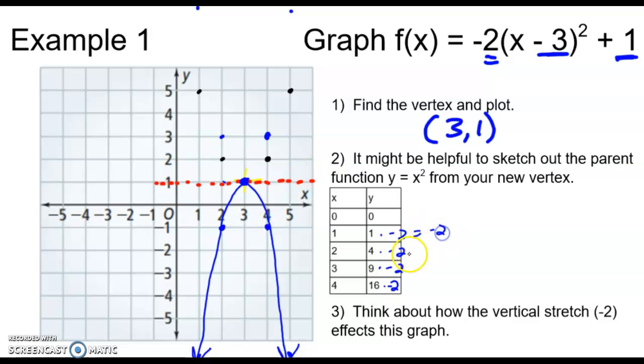That was -2. Okay, the next one, normally I would go to the right 2 and up 4, but since I want it stretched by -2, I'm going to go to the right 2, but down 8. So that's where we went, right 2, down 1, 2, 3, 4, 5, 6, 7, 8.